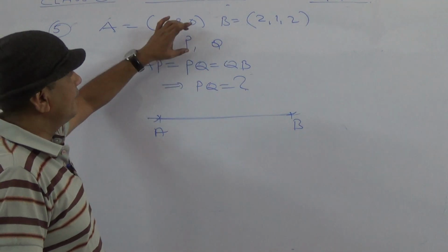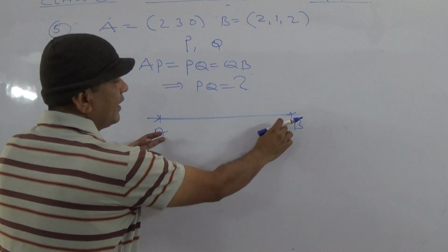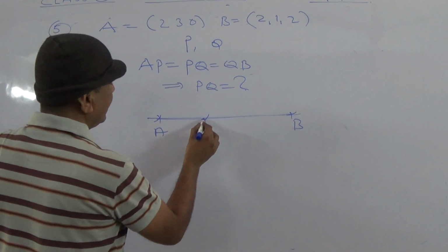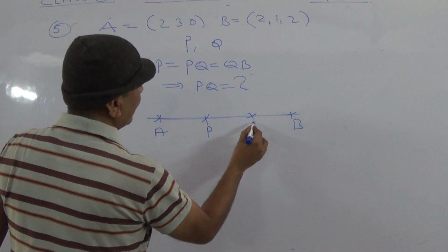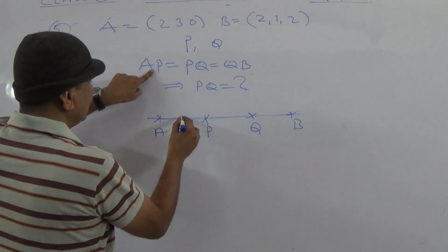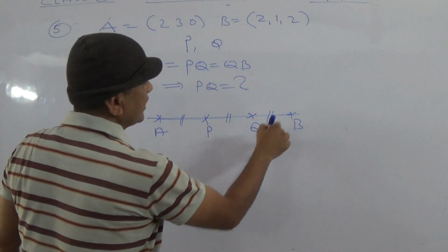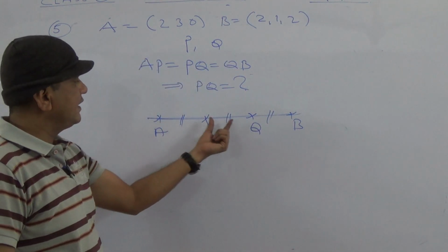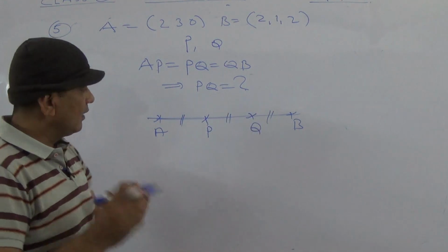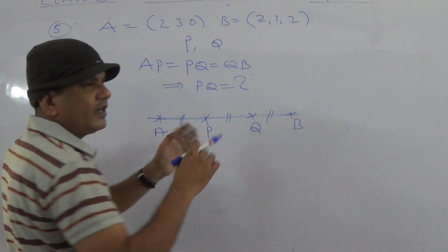Also given here, P and Q are 2 points that lie on the line segment AB such that this length AP is equal to PQ, this length, is equal to QB, this distance. That means these are 3 equal parts. That means these 2 points divide this line segment into 3 equal parts.